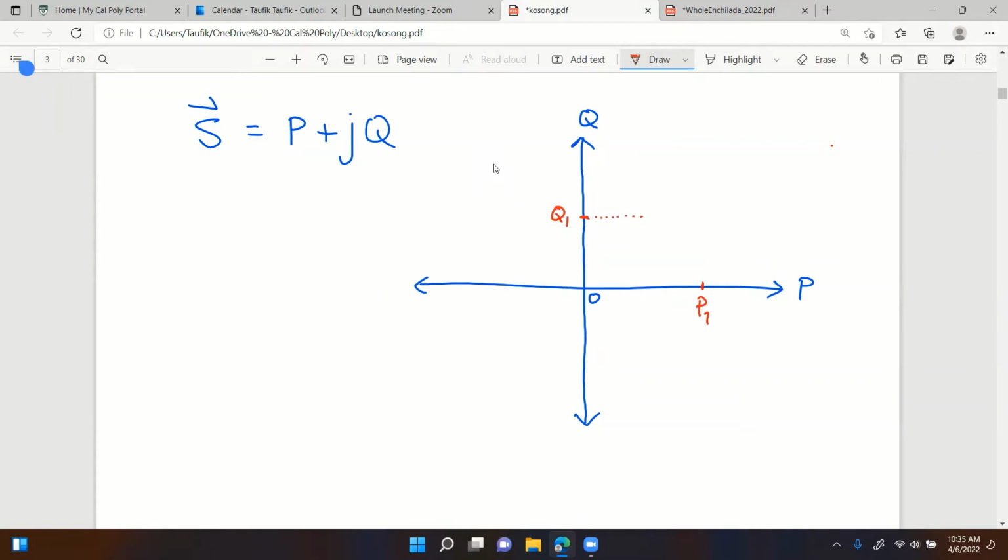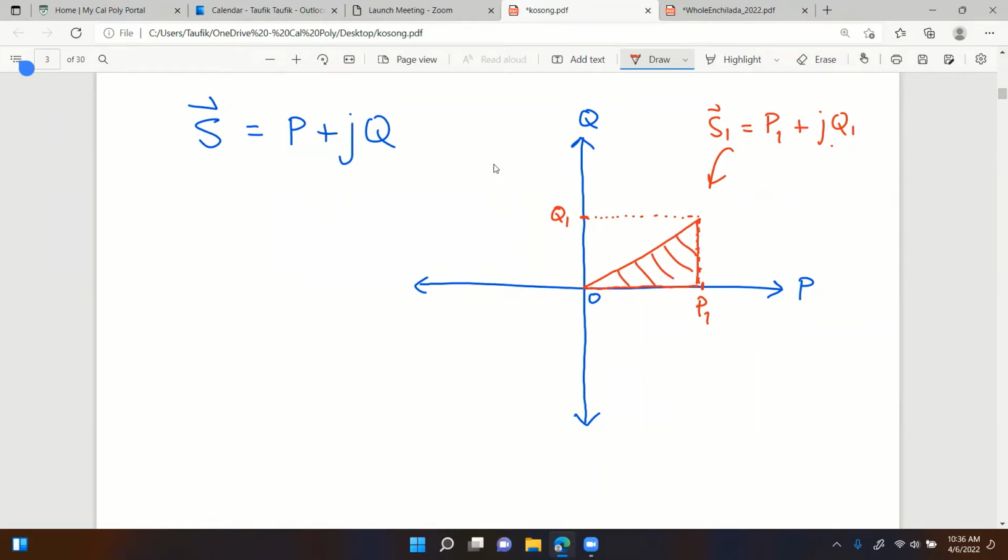Then we have the following triangle to represent this complex power. That's the triangle that represents positive P and positive Q. So this triangle represents complex power S1, which is equal to P1 plus jQ1.